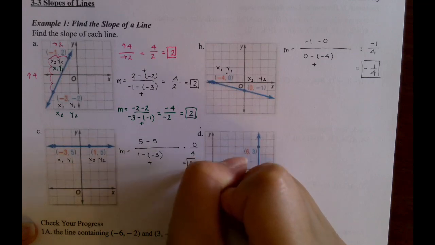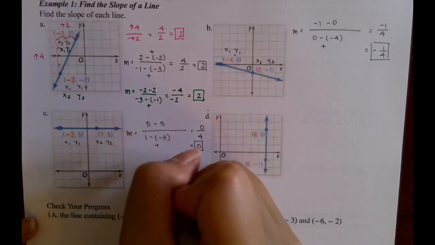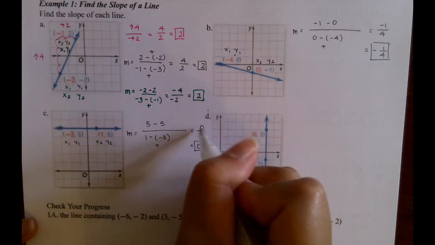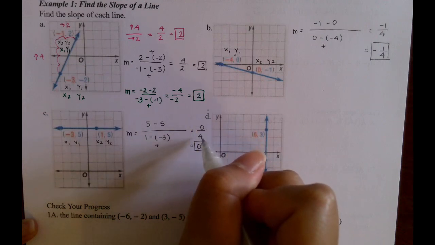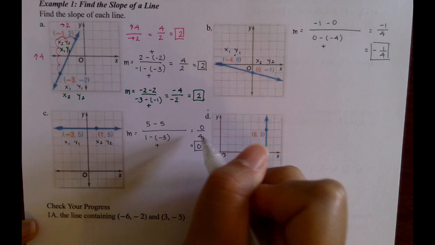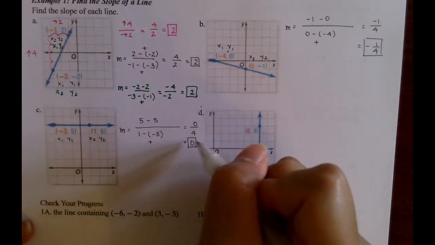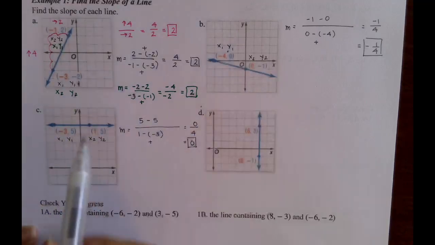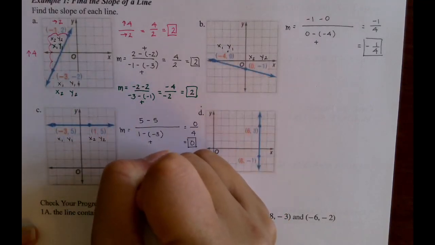So my slope is 0. The reason why is because you don't move up or down. So that's why it's 0 for the rise. But you are moving left and right, which is why you have another number other than 0 on the bottom. But 0 divided by any number is 0. And what you'll see is a horizontal line always has zero slope.